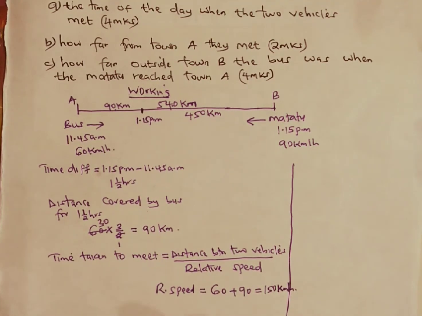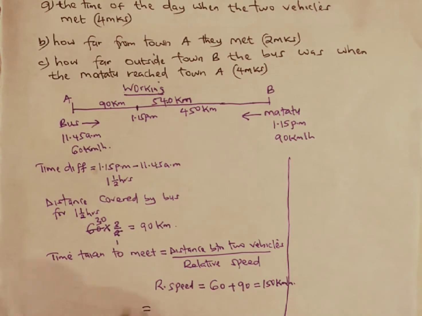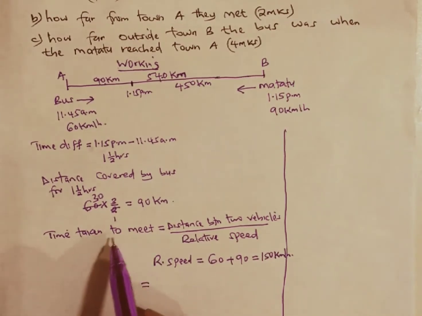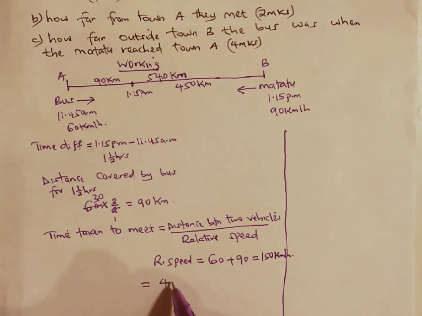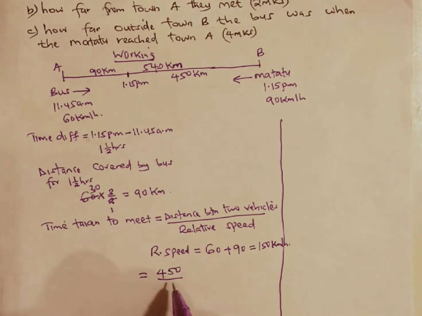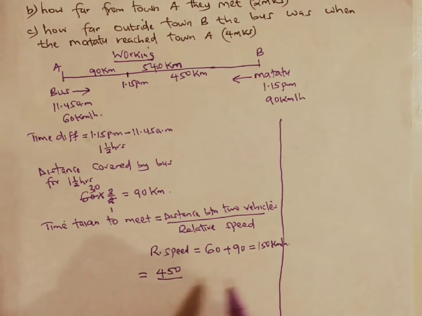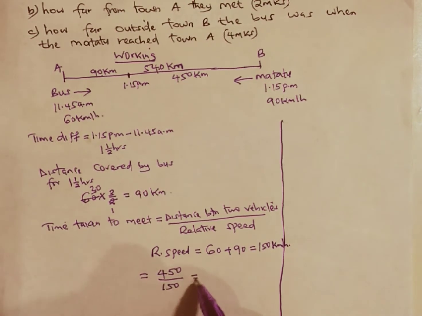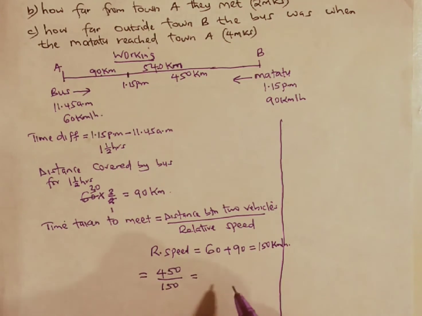Now that we have our relative speed, we can calculate the time taken for the two vehicles to meet, and the time taken is going to be equal to 450 divided by the relative speed, and the relative speed is 150 kilometers per hour, which gives us 3 hours.